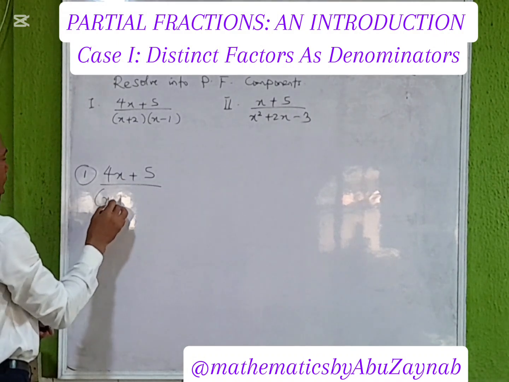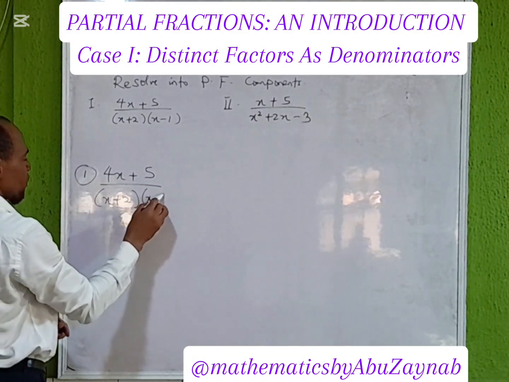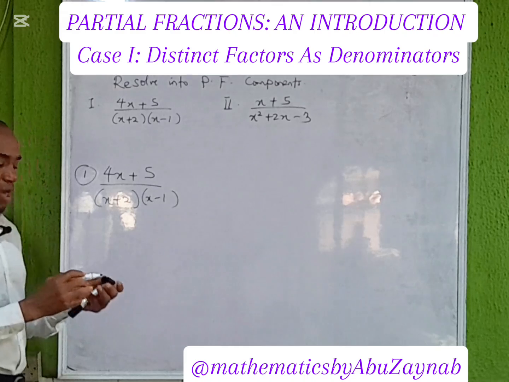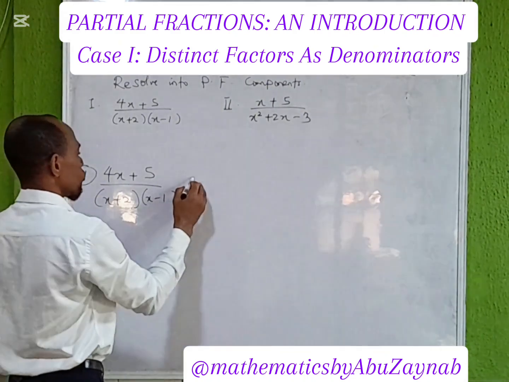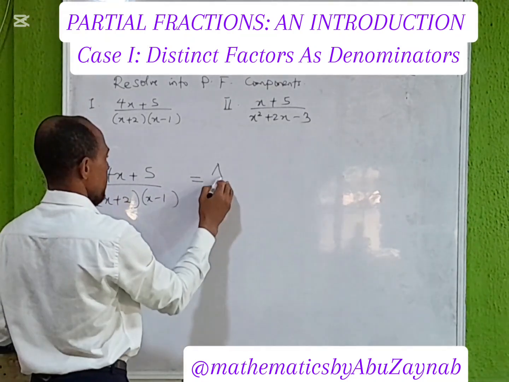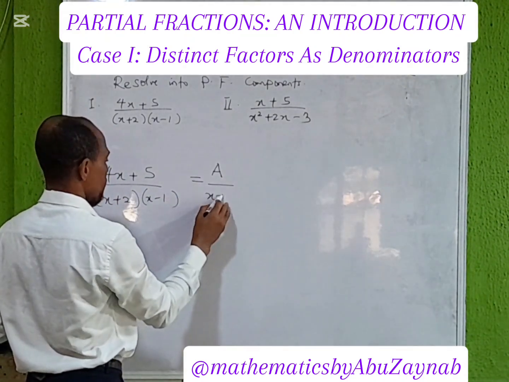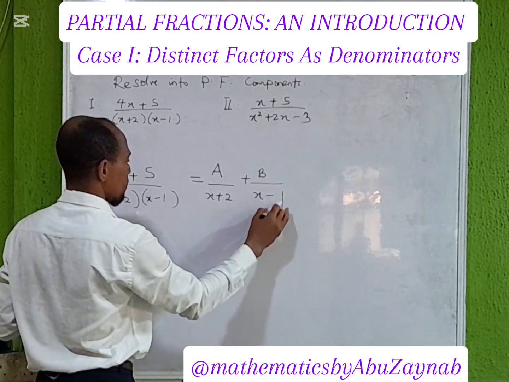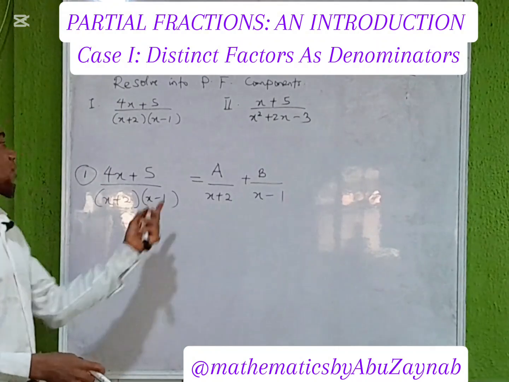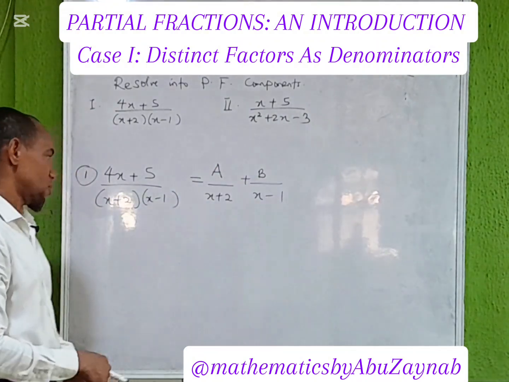How do we resolve into partial fractions? We have how many denominators here? We have two denominators. That means we're going to have two letters, say A over the first denominator plus B over the second denominator. If there were three, that would be C over the third denominator.